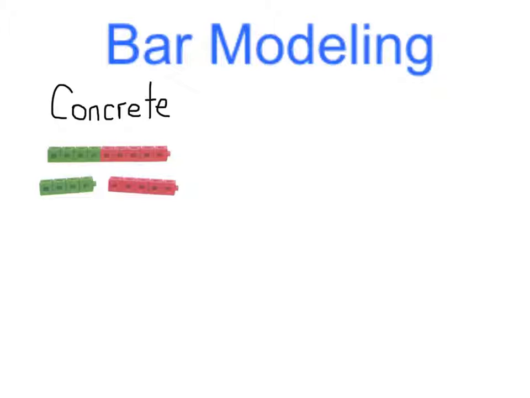Once students have had enough time to investigate with the concrete manipulatives, they're able to draw a picture of what's in front of them. We can see that there are 4 green cubes drawn and 5 red cubes drawn.